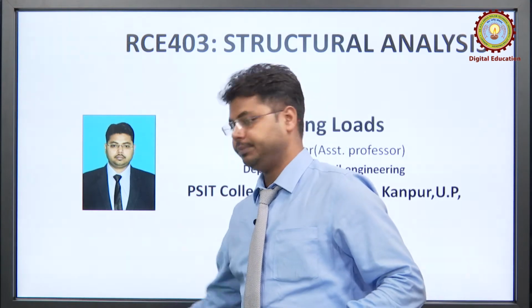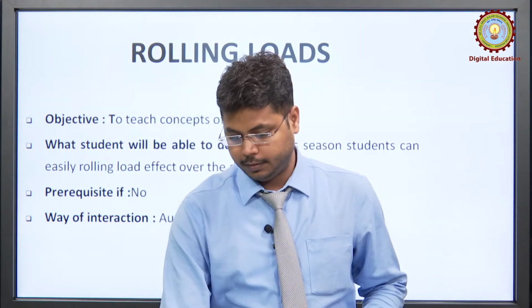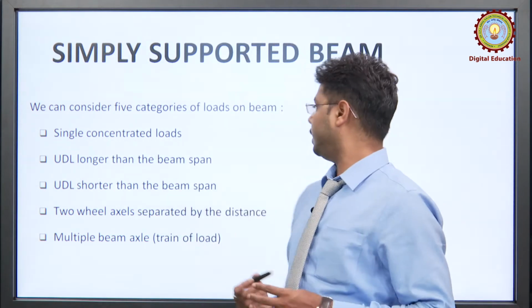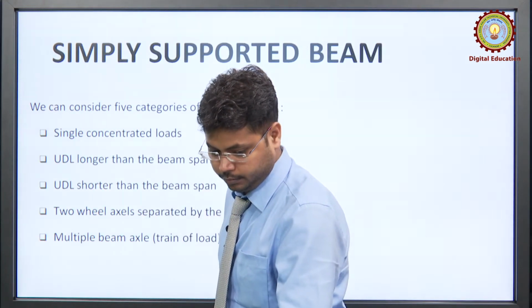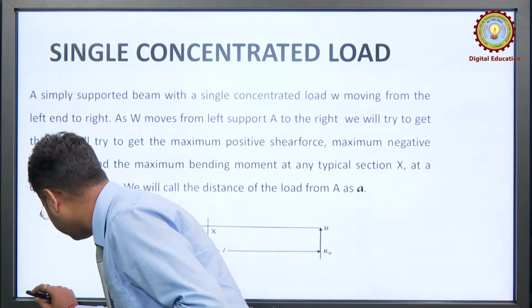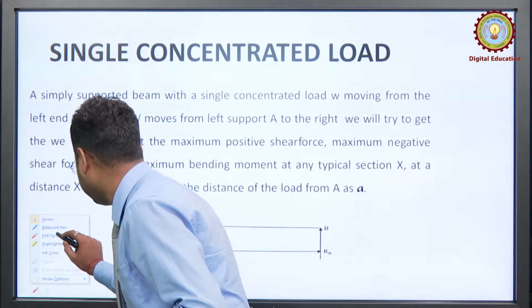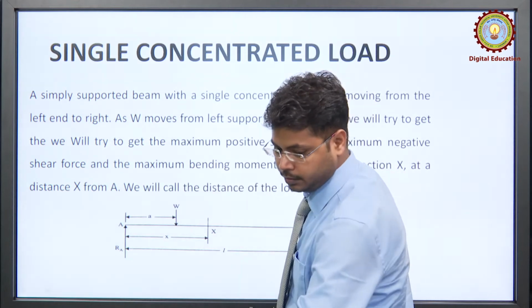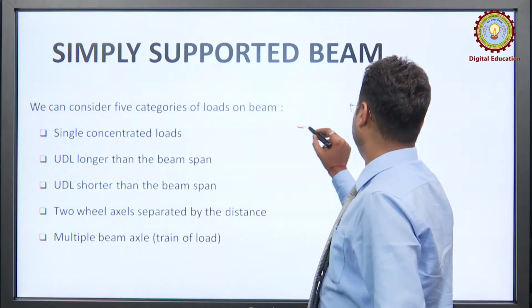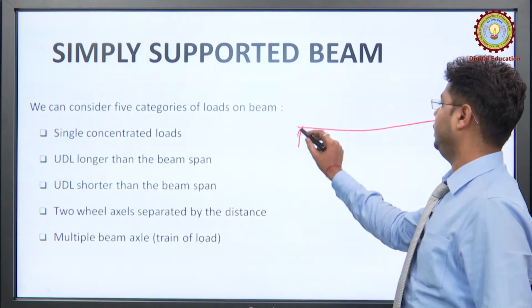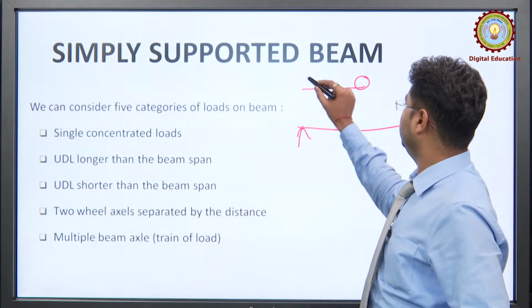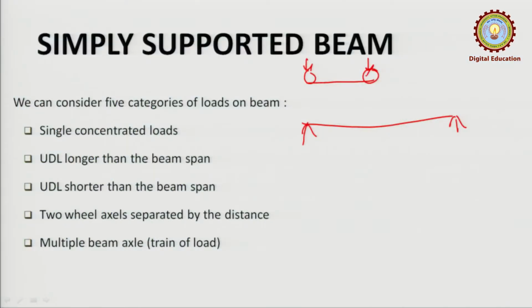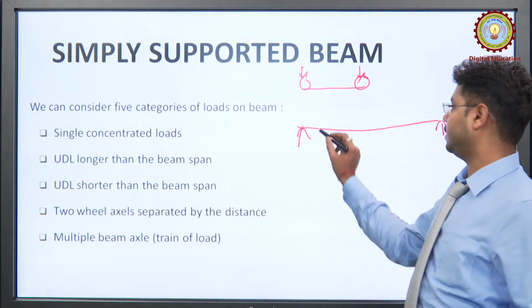If we have a simply supported beam and a rolling load is given, then how can we calculate the reactions on the supports?